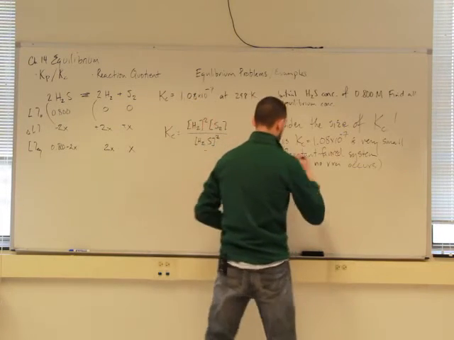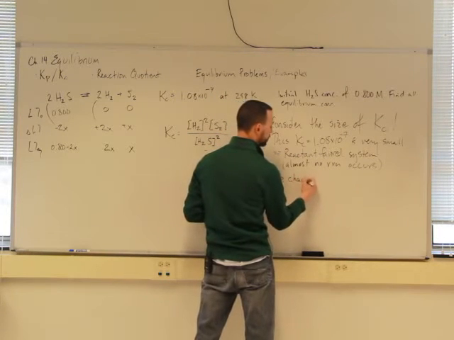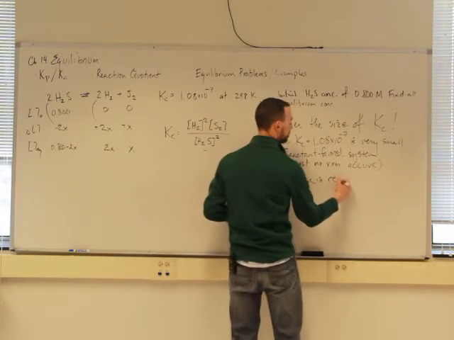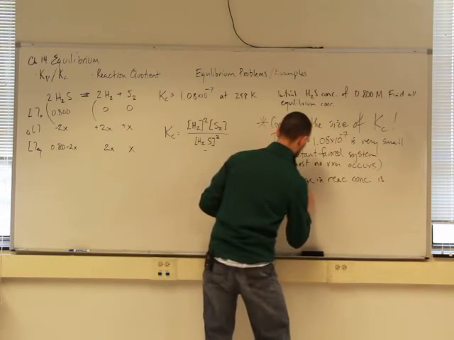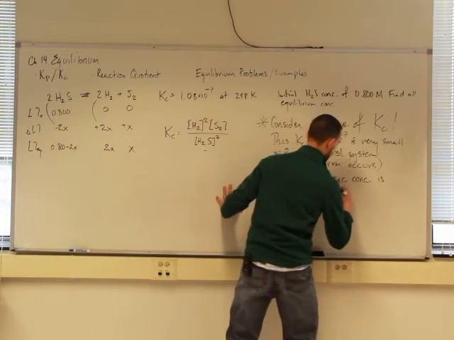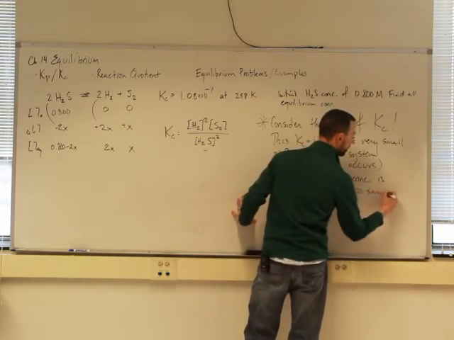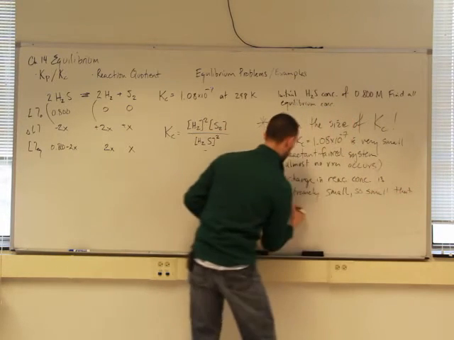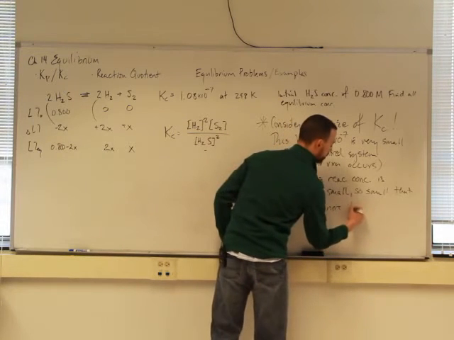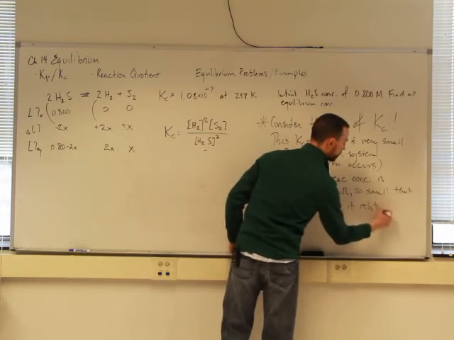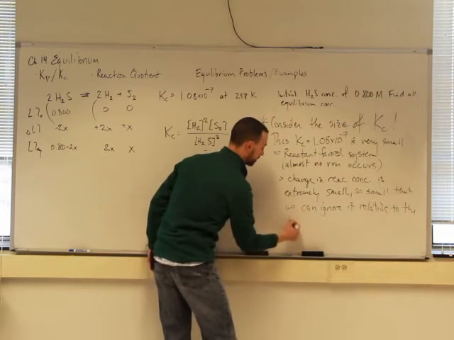So the consequence of that is that the change in reactant concentration is extremely small, so small that we can ignore it relative to the starting or initial concentration of reactant.